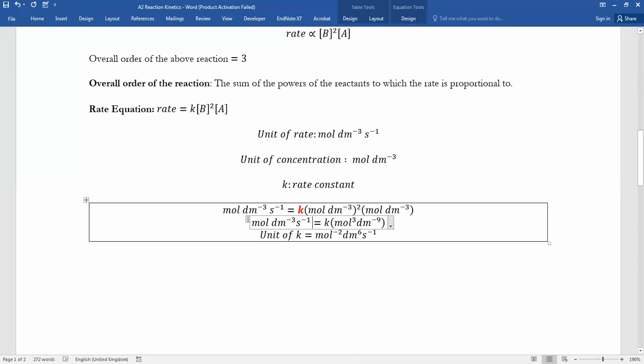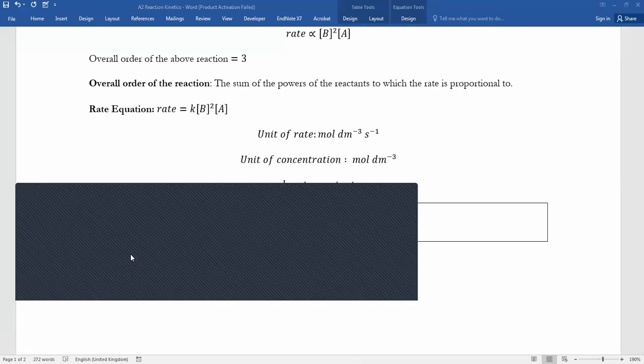Now there are many ways of figuring out the rate of a reaction. Let's try some question. Let's try this question.